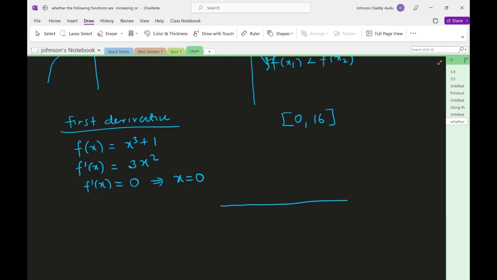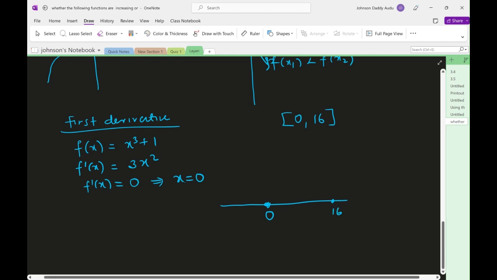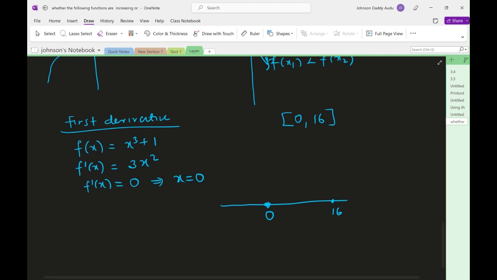So just draw a line. Now, 0 is a critical point, so it means you only have 0 and 16. Now take any point between 0 and 16 and substitute it into your derivative. For example, you can use 2 just to test.